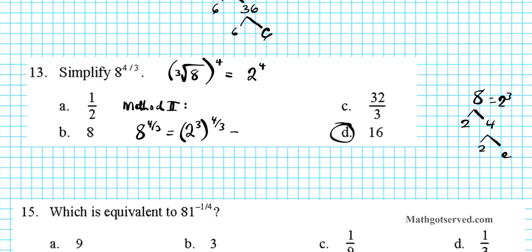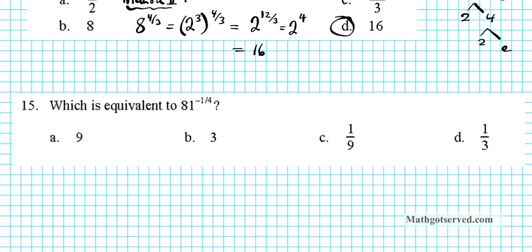And then here we'll use the power property, and this becomes 2 to the 12 over 3, which is 2 to the 4th. And then 2 to the 4th in expanded form is 16, as we found earlier. So we can clearly see that our initial answer is correct. Okay, so whichever method you like to use, as long as you get the correct final result, which is 16.